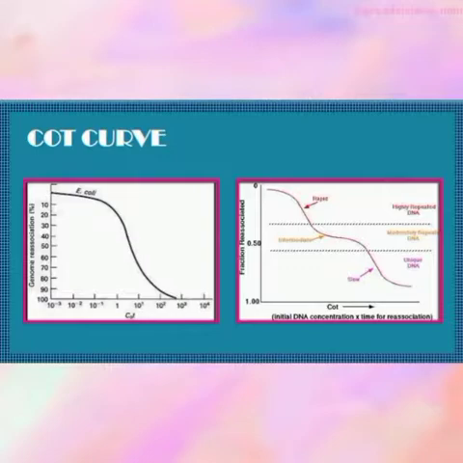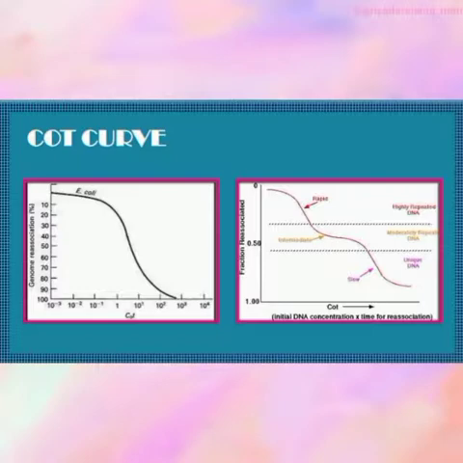Next, the COT curve. The logarithms of COT values ranging from essentially no renaturation to nearly complete renaturation are plotted against the corresponding percentage of single-stranded DNA values to yield COT points. That particular graphical representation is known as the COT curve.